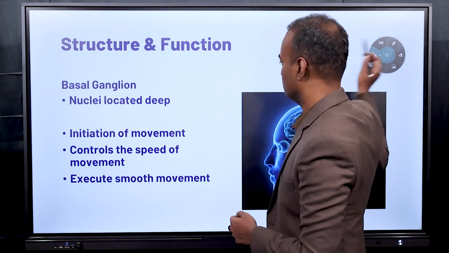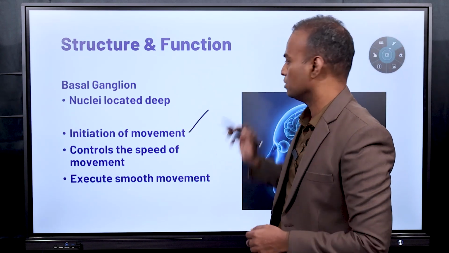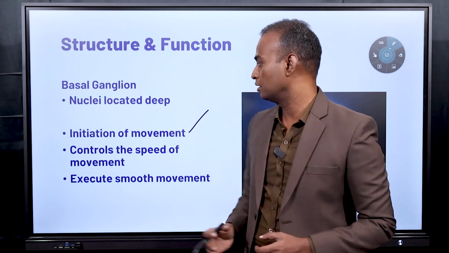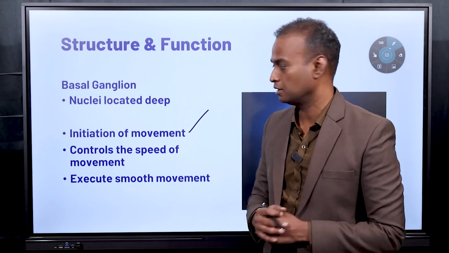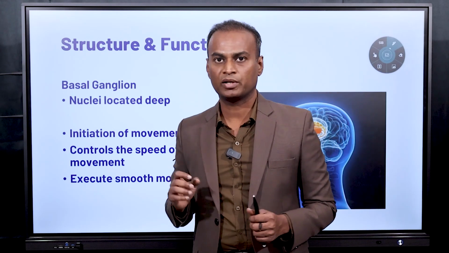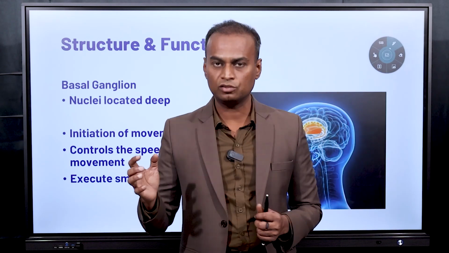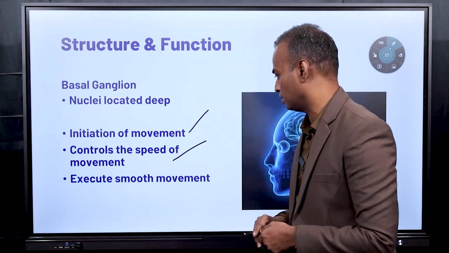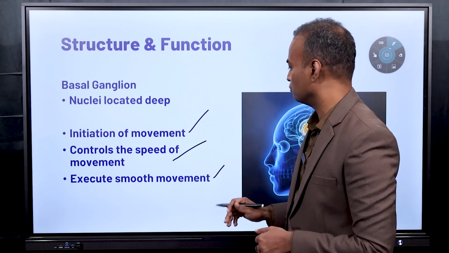First one is initiation of movement. To initiate the movement, to start the movement, basal ganglion is necessary. And also control of the speed of the movements. If I want to take the pen, I cannot move it so fast, right? I need to control that. So speed of the movements is controlled by basal ganglion. And also execution of smooth movement.